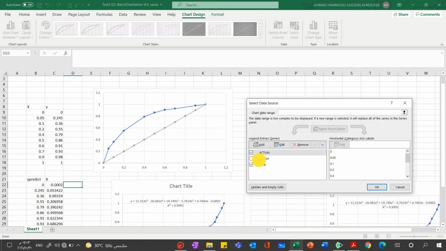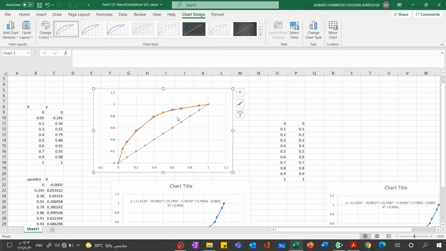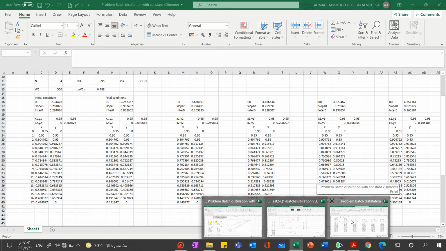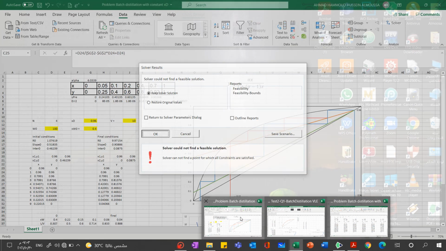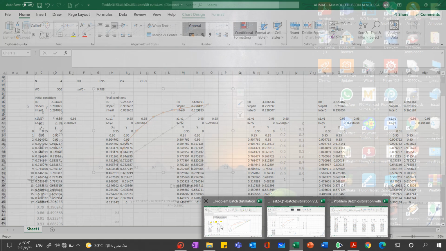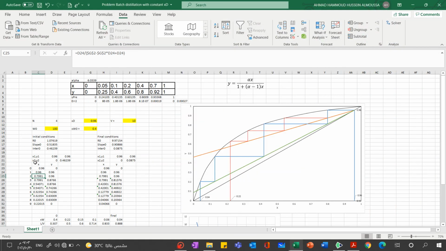So see, it is almost the same line. So when you use Excel, maybe it will give you a more accurate answer than alpha, you know. So you go to this Excel sheet and you put this equation for x, and now you don't need to put alpha.